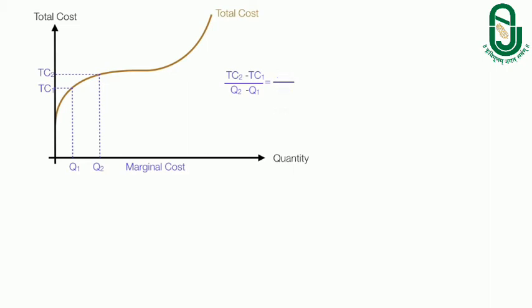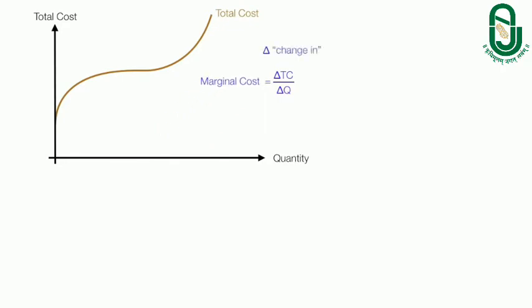In other words, the change in total cost divided by the change in quantity is equal to the marginal cost. That little triangle is change in, and it's Greek delta. This is also equal to the change in total variable cost divided by the change in quantity, plus the change in total fixed cost divided by the change in quantity.